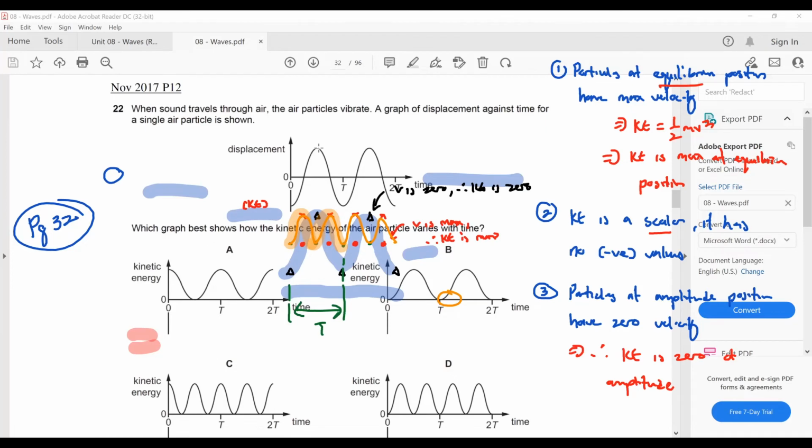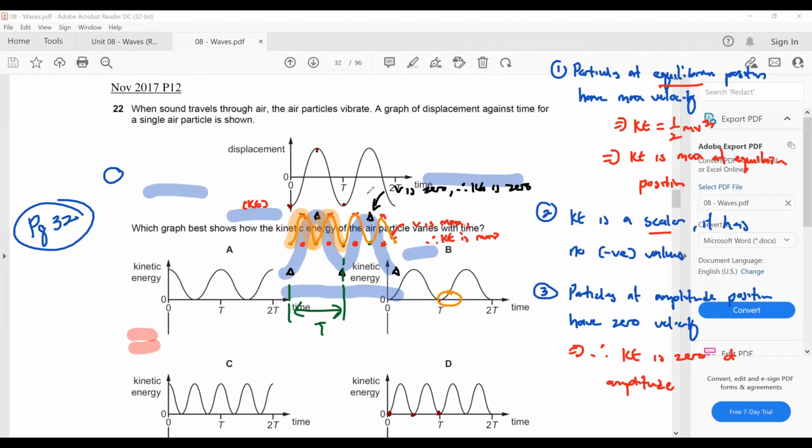So just look at the relative positions now, simply put. Just look at the amplitude position. At the amplitude position, velocity is zero, therefore KE is zero. So that one is represented here, here, and here. Okay.